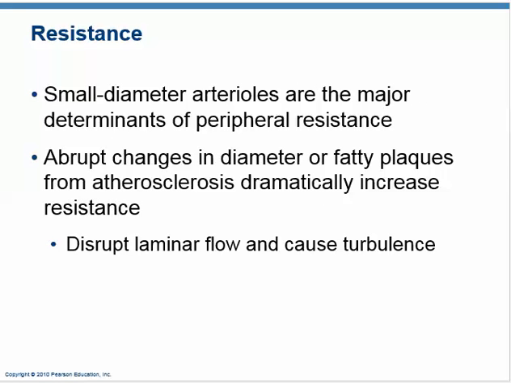So the small diameter arterioles are the major determinants of this peripheral resistance, and really, from a healthy point of view, it is vasoconstriction and vasodilation that determines how much flow goes to each and every organ.